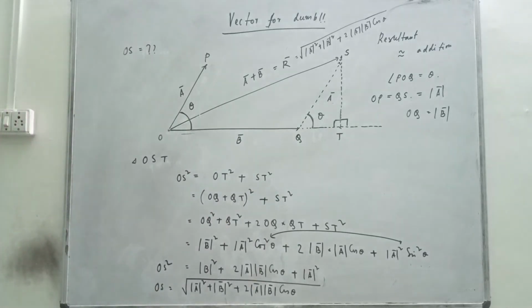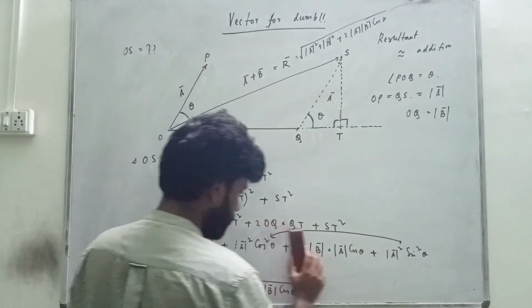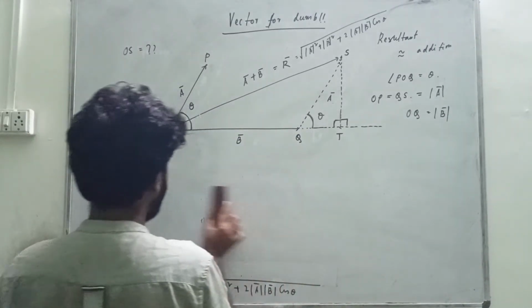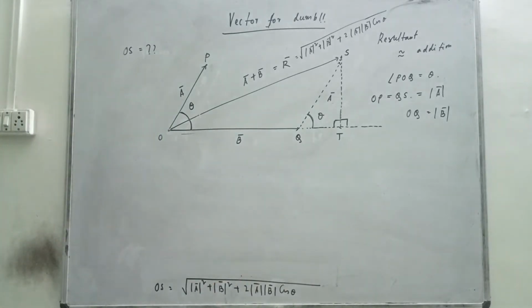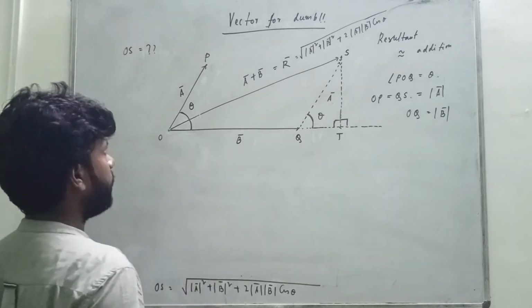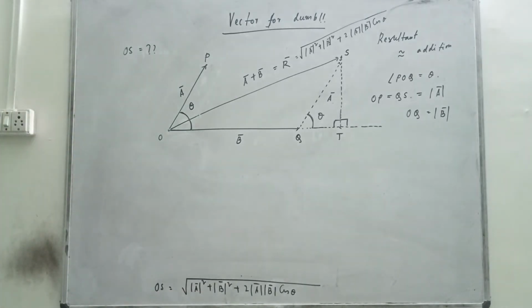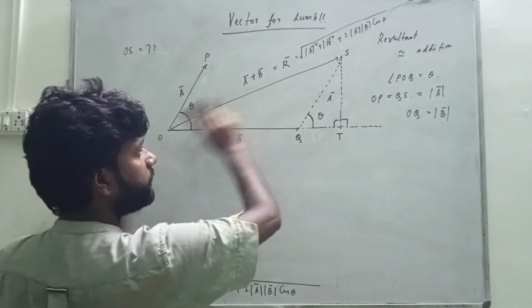So look at this stuff very carefully. This is our next formula for the magnitude of the addition of two vectors. So if A and B are two vectors, then the magnitude of A plus B is this, and theta is the angle between A and B. This is our result. So just erase all these things here.